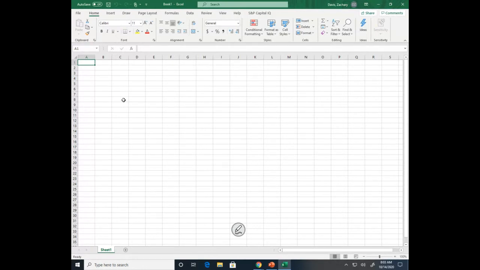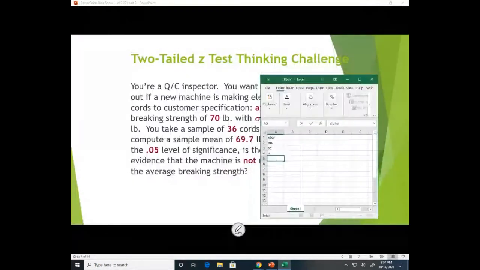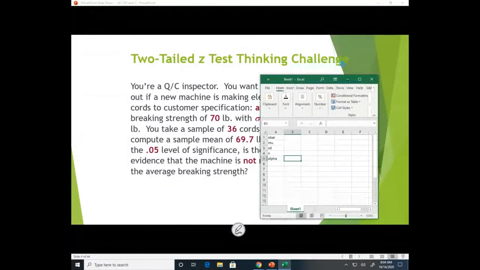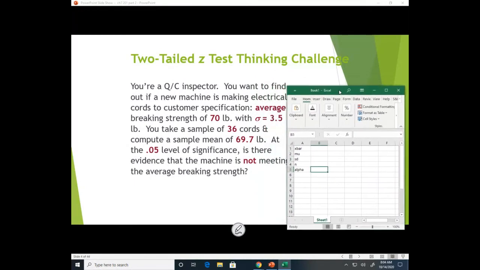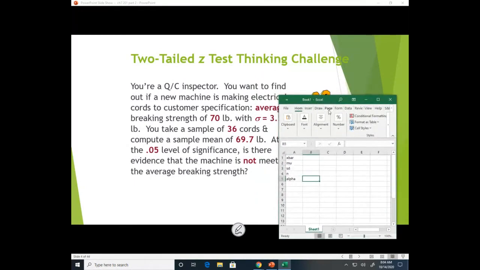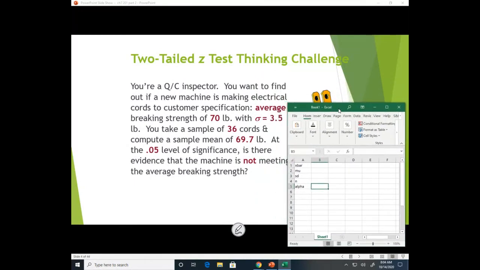We're going to need a few values: our x-bar value, our mu, standard deviation, our sample size, and our alpha. So let's go pull those from the problem. There we go.